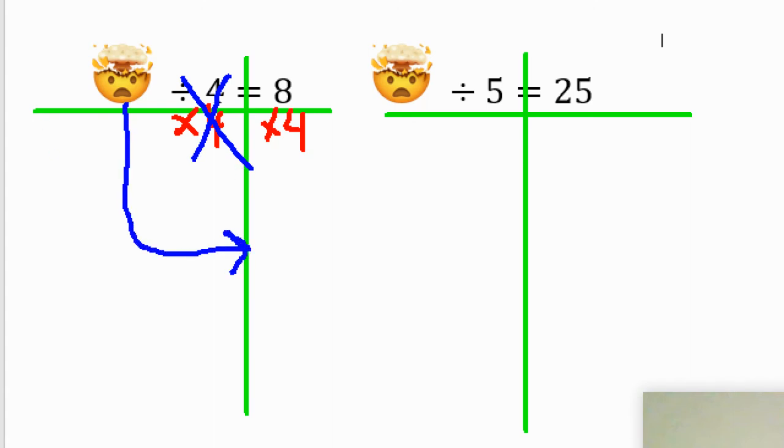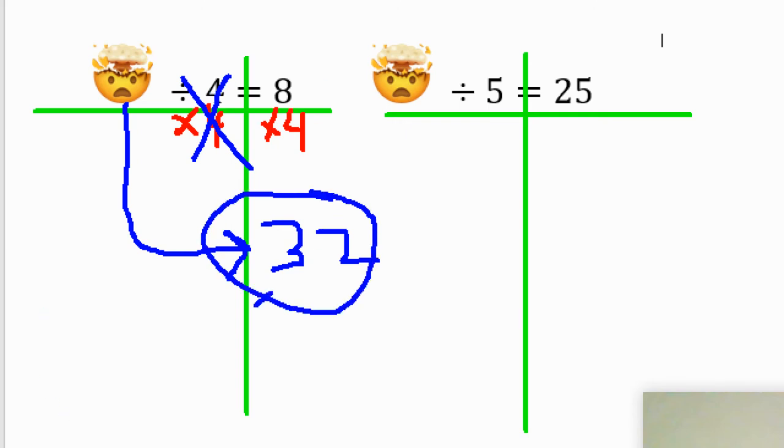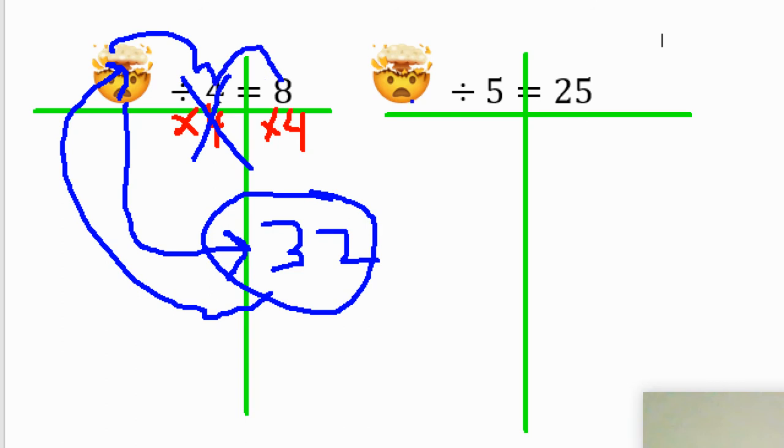And then 8 times 4 is 32. Now, 32 divided by 4 is 8. So you could take this 32, all algebra, you could take the number, put it back into the original problem and solve it. Like I just said, 32 divided by 4 equals 8. I know I'm right, bro. Next one.